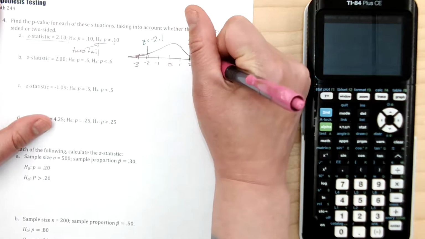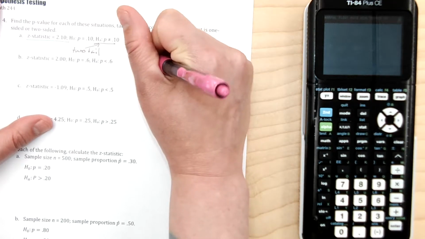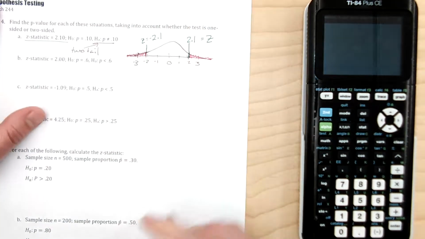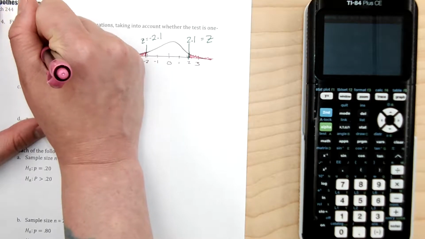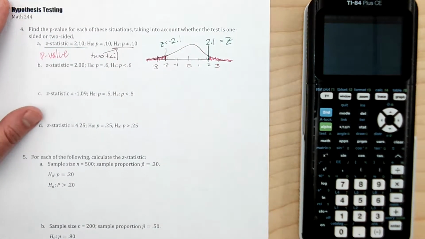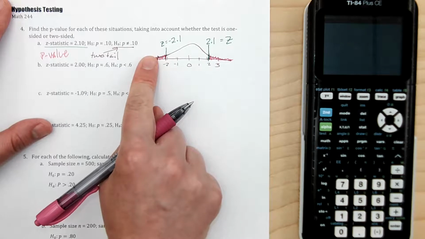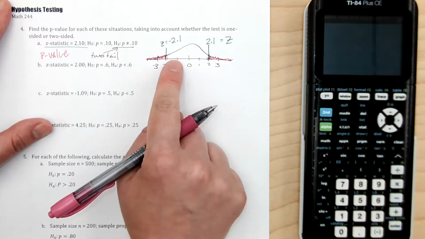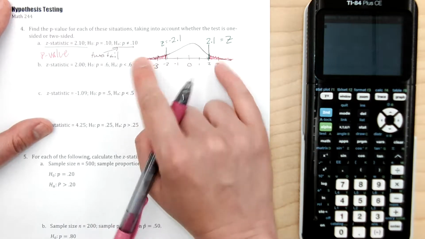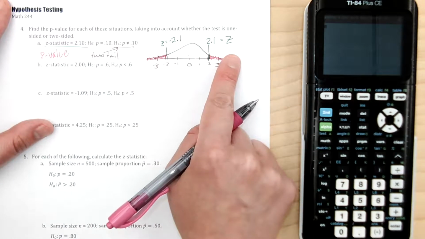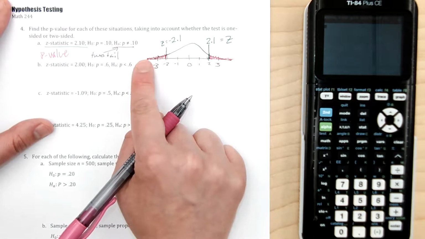I'm looking for the area here and the area here, and that together will make up my p-value. All right, and so one thing that we do know, if I had drawn this nicer, we know that our normal curve is symmetric, so the area over here is equal to the area over there.